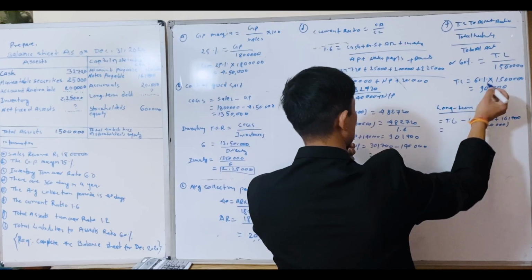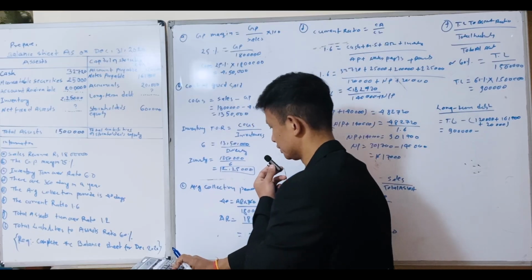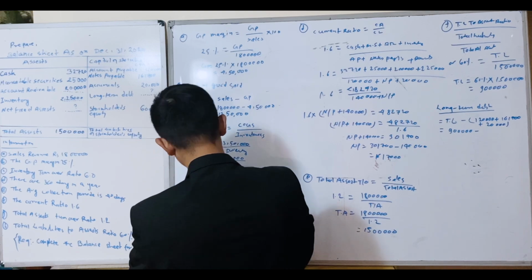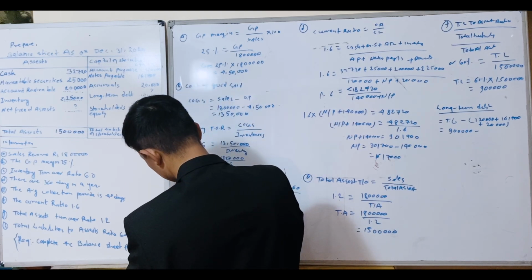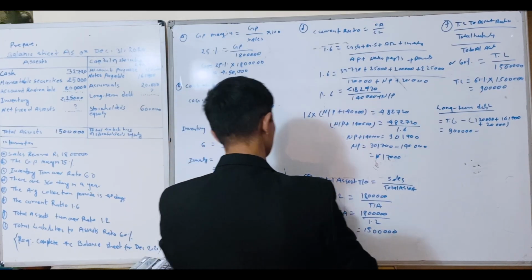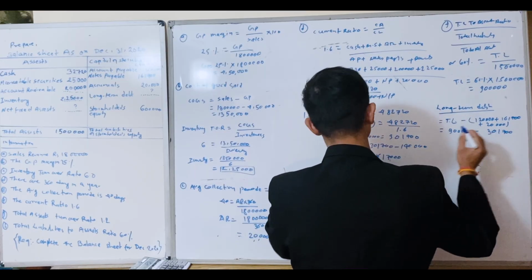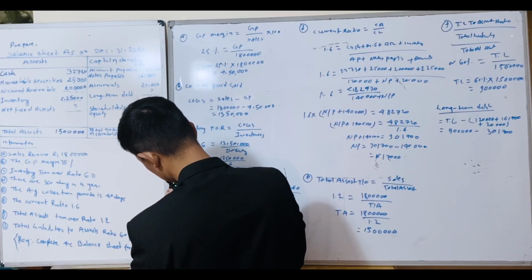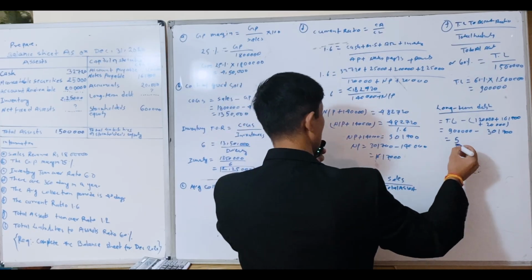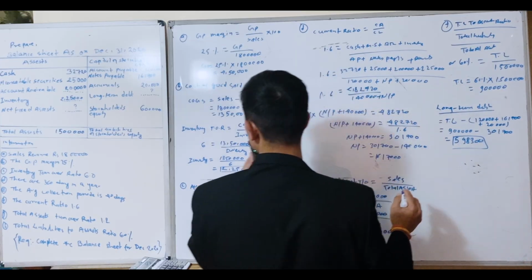So total liabilities we just calculated is 9 lakh. Let's add up all of those current liabilities figures, which is 120 plus 161.7 plus 20,000. We get 3 lakh 1,700. Just minus from 9 lakh. We get 5 lakh 98,300 as a long term debt.